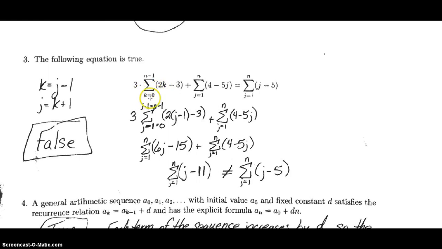Notice if this original k was 1 to n right here, and this is j equals 1 to n, all I would have needed to do was replace my k's with a j, and then I could combine them. You can combine sums as long as they're going from the same starting point and ending point. So the variable itself is just a dummy variable.